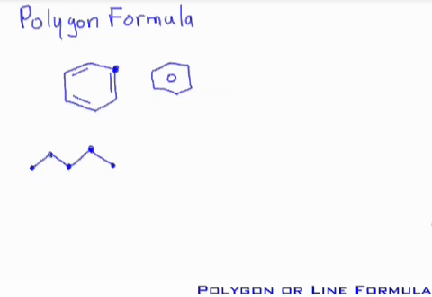Because this carbon has 2 bonds, I know there's 2 H's here. Since this carbon only has 1 bond, there must be 3 H's off of him. CH2, CH2, CH2, CH3.